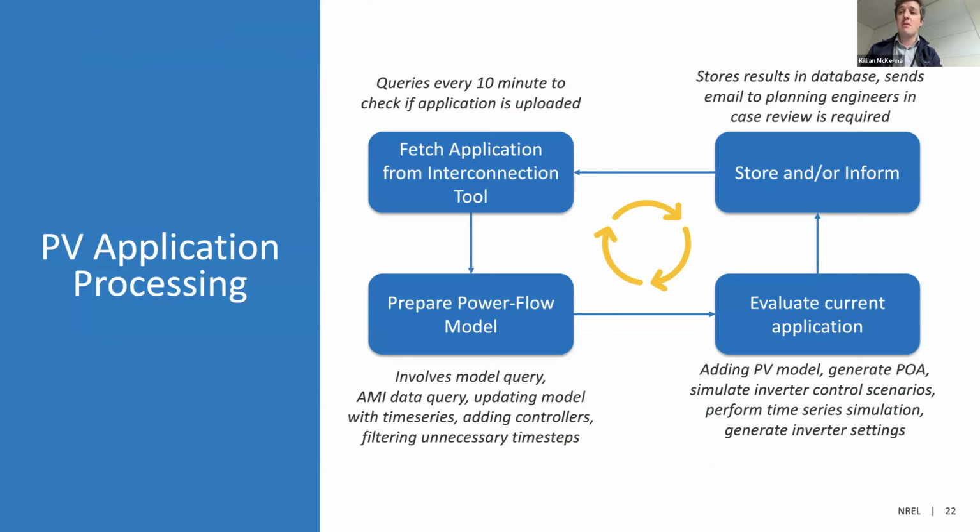We're pulling AMI for the last year up to the last month. And then we're pulling applications every 10 minutes. So there's a number of different workflows that are refreshing data systems and refreshing the quality of what we can do to try and make sure that we have the most up-to-date knowledge on the network when we're doing our power flow analysis. Next slide.